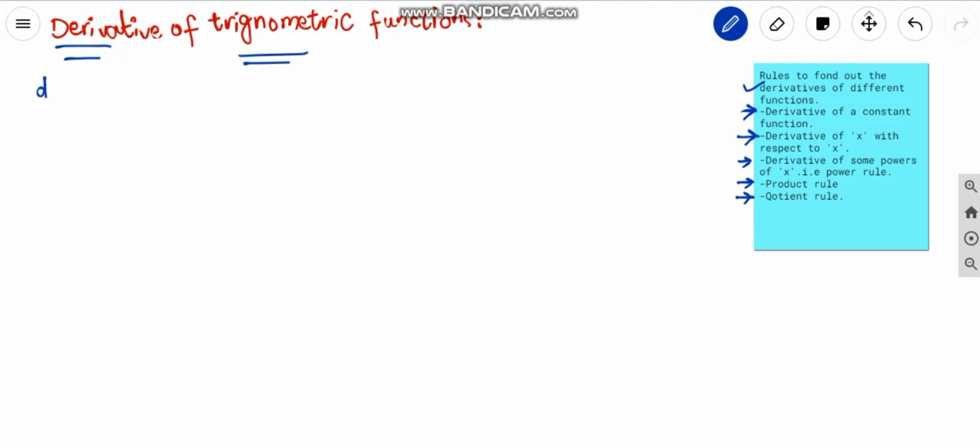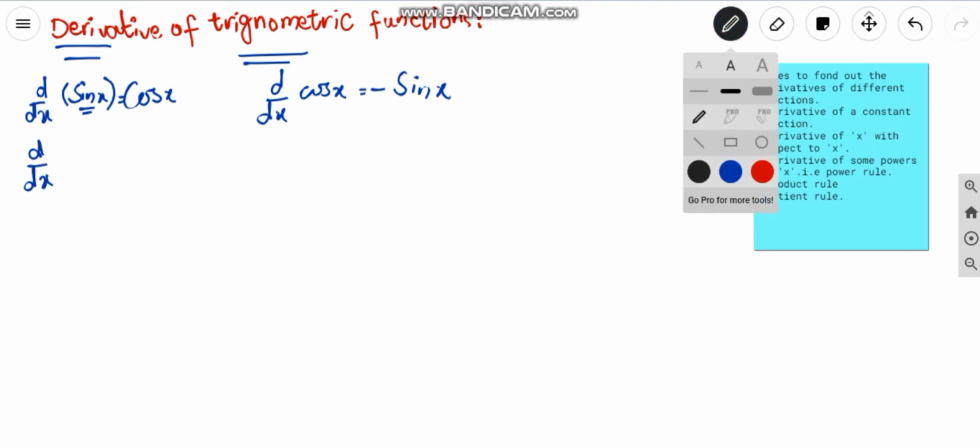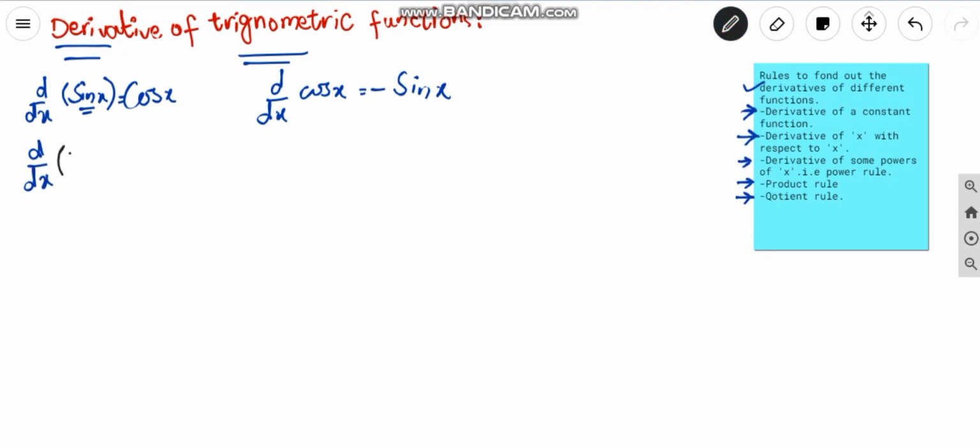First of all, let's discuss what is the derivative of sine x. The derivative of sine x will be cos x. And what will be the derivative of cos x? It will be minus sine x. Now what will be the derivative of tan x?